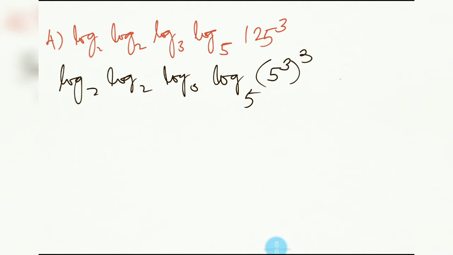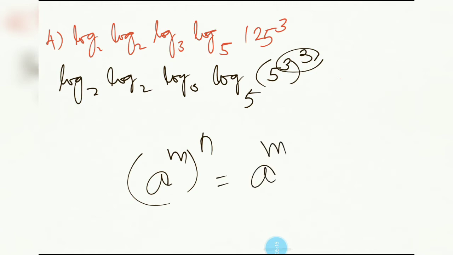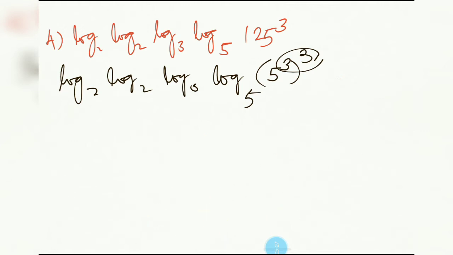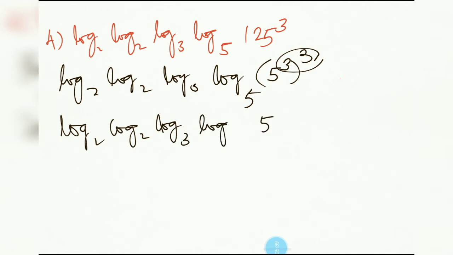So now what is the power? That is a power m into a n is equal to a power mn. So a power 3 whole power 3 is equal to a power 9. Same thing, now 5 power 9 we are going to get. So log base 2, log base 2, log base 3, log 5 power 9 to the base 5.